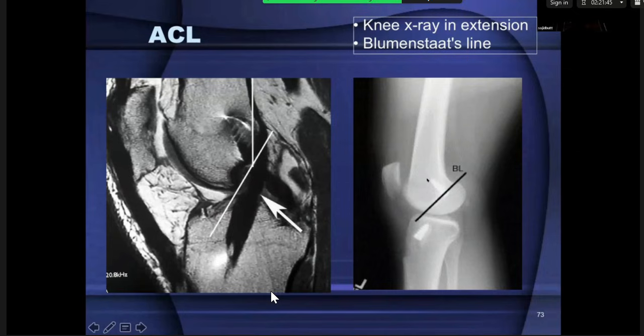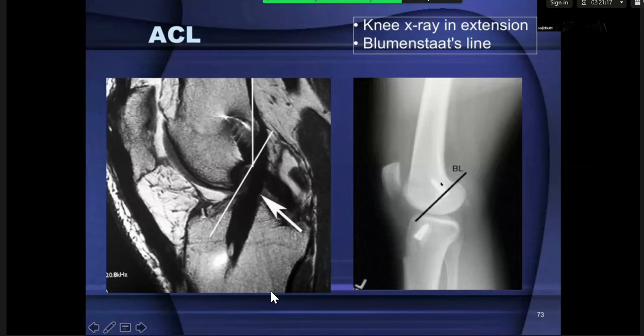If it's straight, then it will not be doing its job properly because it will be incompetent. Remember, the job of the ACL is to prevent anterior translation of the tibia, so if it is straight, it's not able to do that. If it's going more like that, it'll get impinged by the intercondylar notch, and again, it will result in an earlier tear. So it should be parallel to this line.